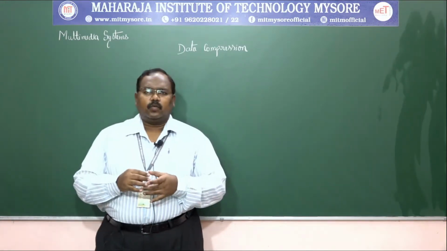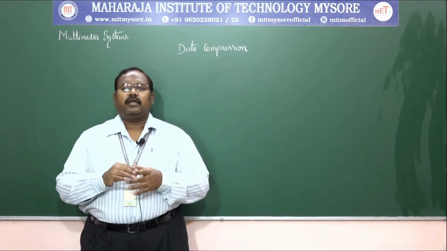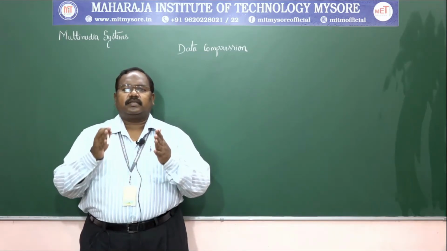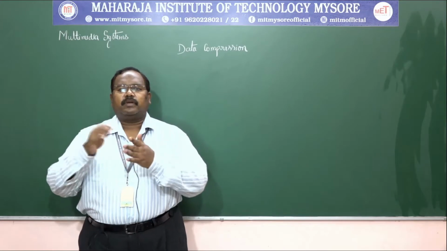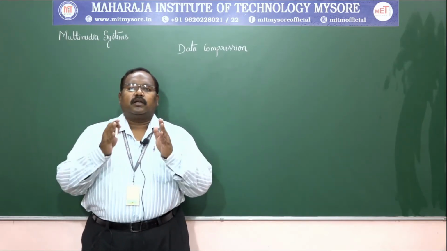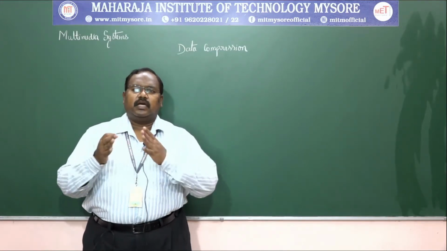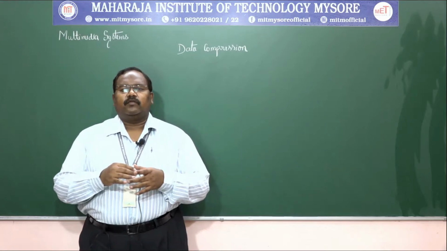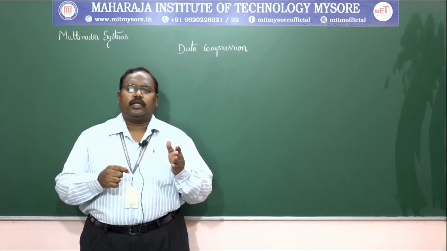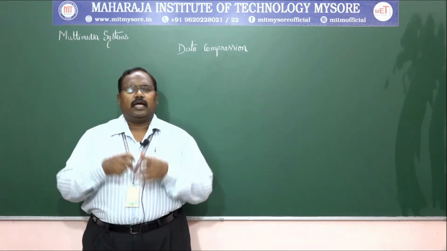In the previous session we had discussed the meaning of compression and decompression and the various understandings with respect to the compression and decompression process. We have also discussed the classification of compression, that is lossy and lossless compression. We discussed entropy coding, source coding, and the combination of entropy and source, that is hybrid coding.